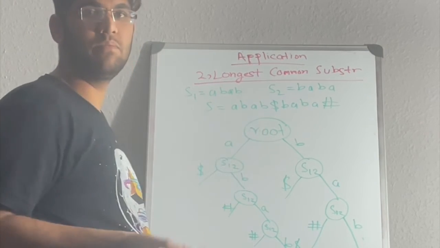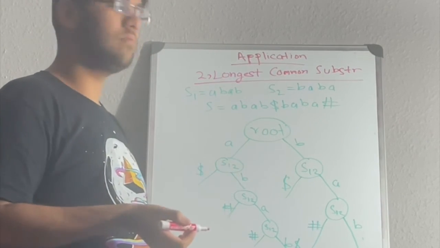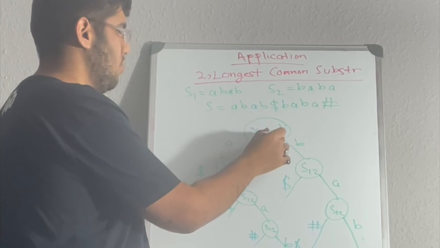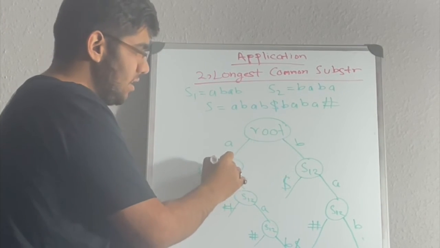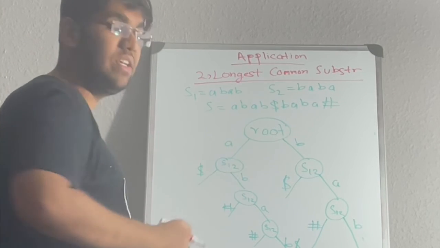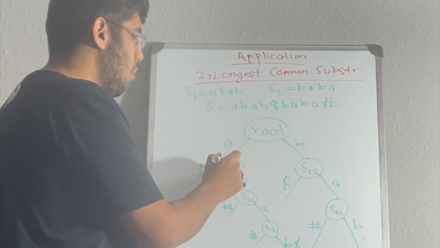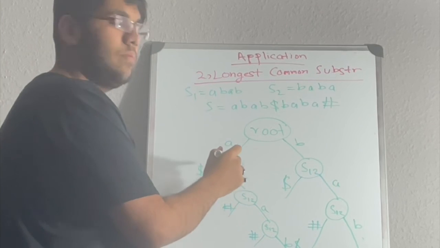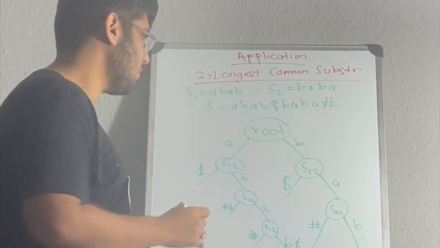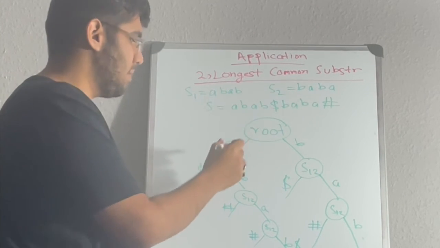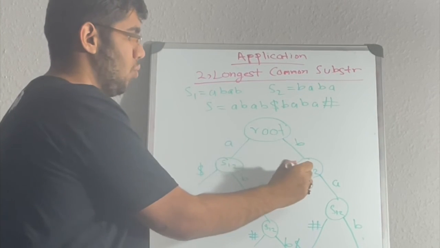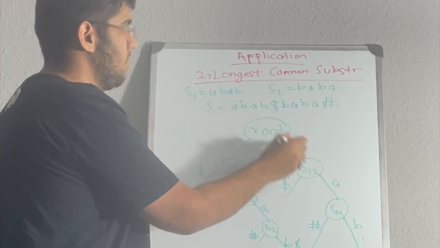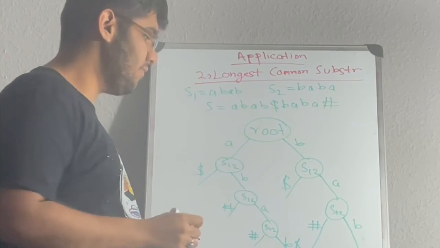I've made it beforehand for neatness. So root, a, b, and in this node we will denote 1 and 2 when the value is present from both strings. For example, dollar and b are present because of both s1 and s2.